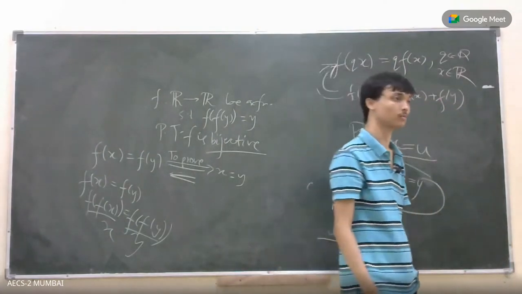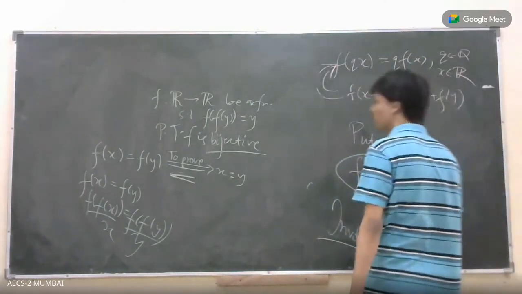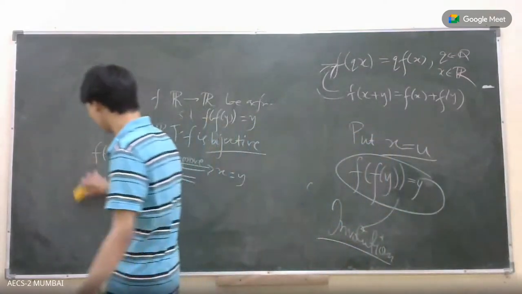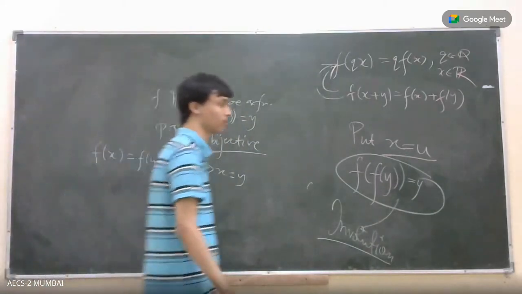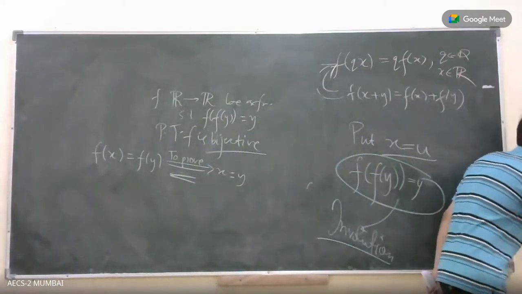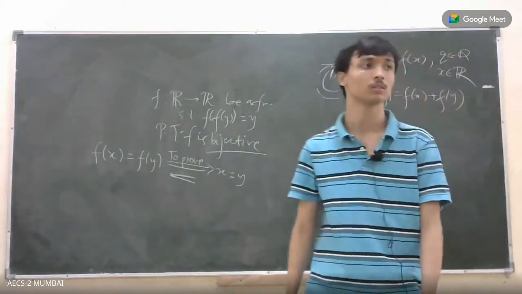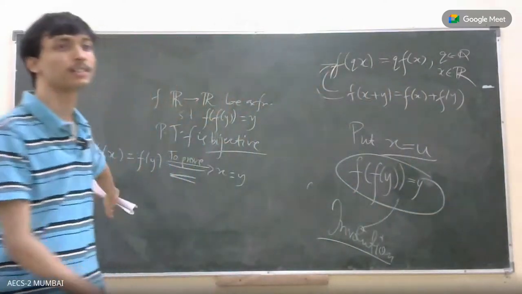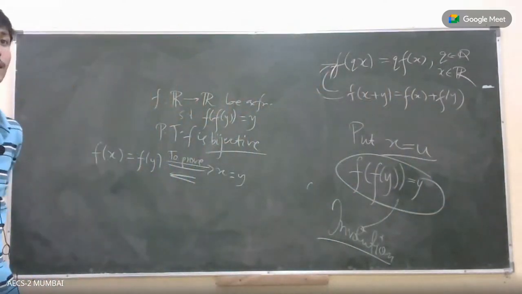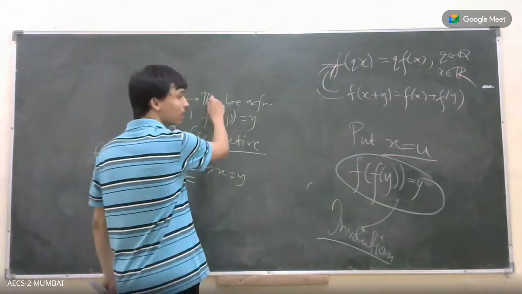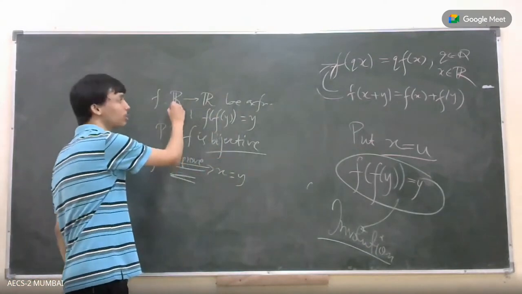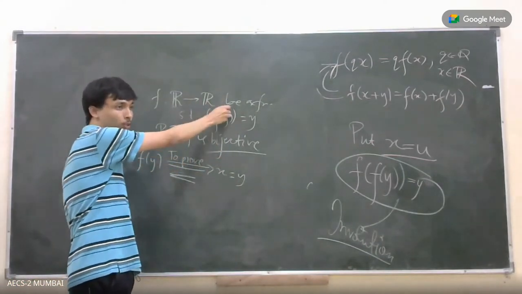Can somebody see why f is surjective? What does surjectivity mean? That for any real number, there should be some other real number which gets mapped to it.